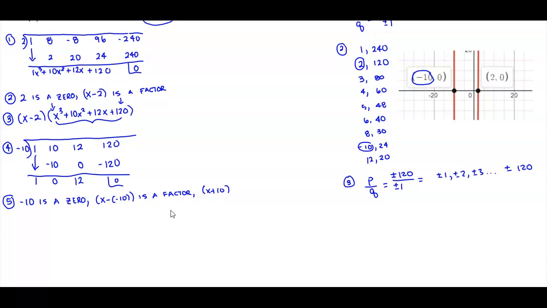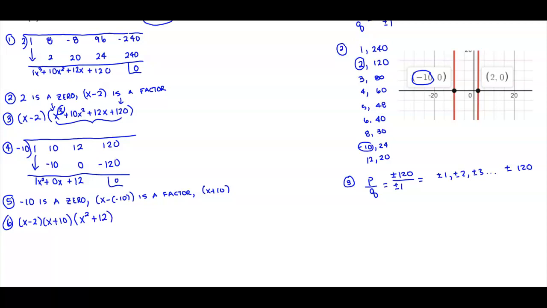So in part 6 we have x minus 2 times x plus 10. Then we're going to take a look at what we get here. Since this degree is 3, this is going to be 1x squared plus 0x plus 12, which means that becomes x squared plus 12.